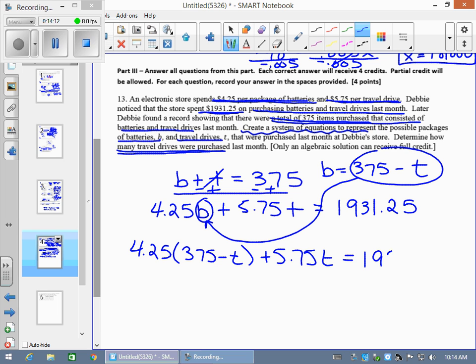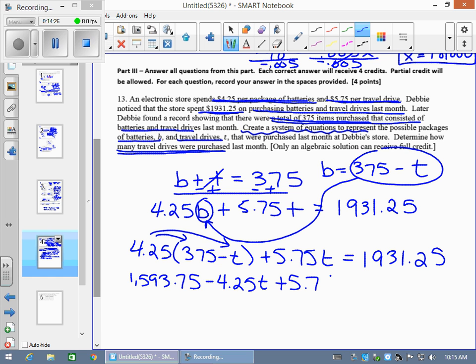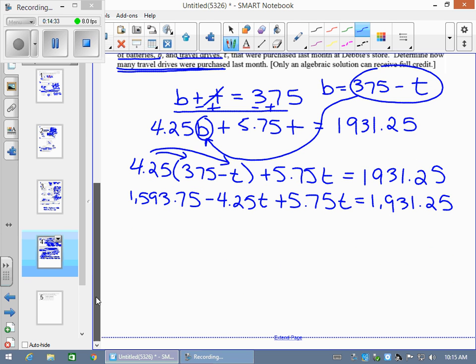So I'm going to start by distributing, and I get 1,593.75 minus 4.25T plus 5.75T equal to my total. I have some like terms I can combine. I have 1,593.75 plus 1.5T equal to the total.